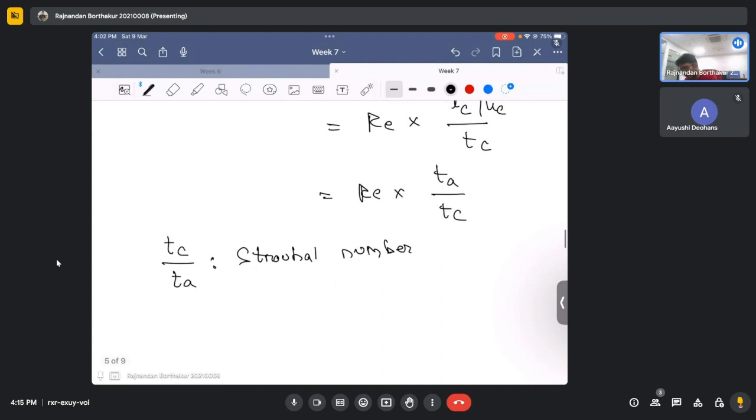So now you have encountered another non-dimensional number, the Strouhal number, which is nothing but the ratio of the characteristic time scale to the advection time scale.